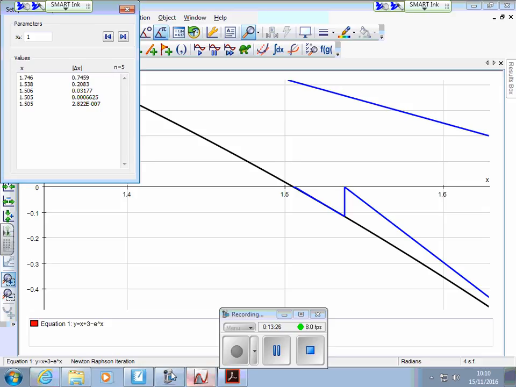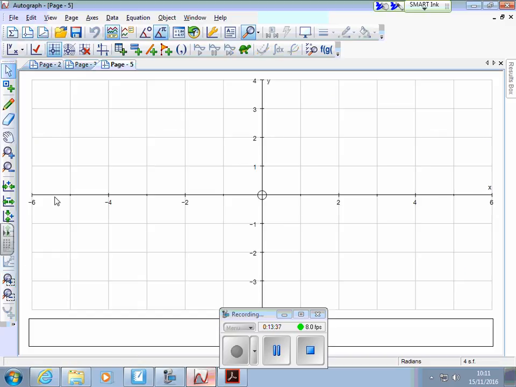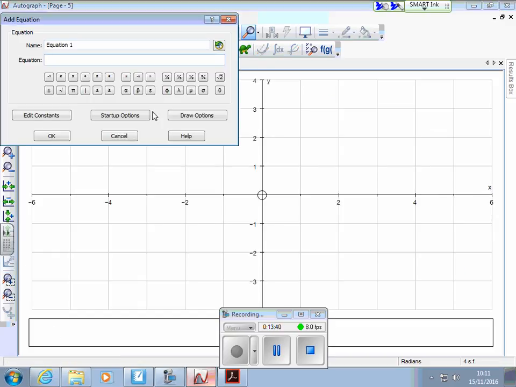So let's put in the function that you've just been working on. What's the function you've just done? Y is equal to 2 ln x plus x. Equating to 0, that's minus 2.